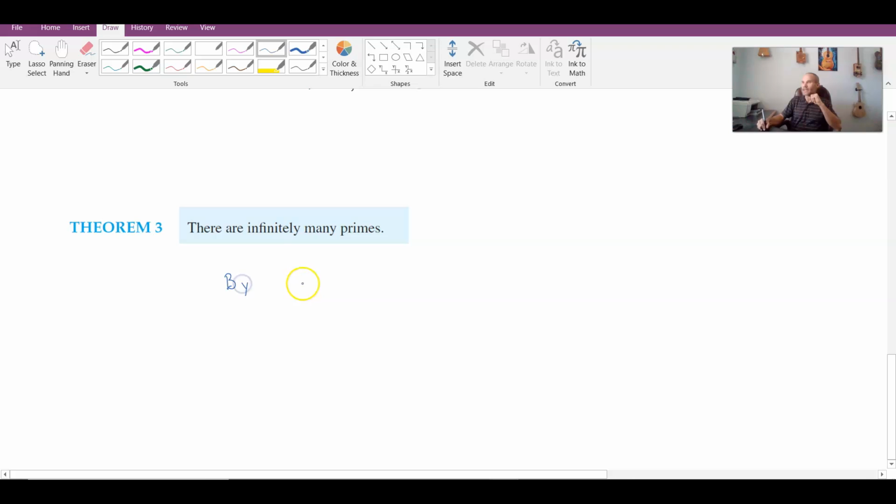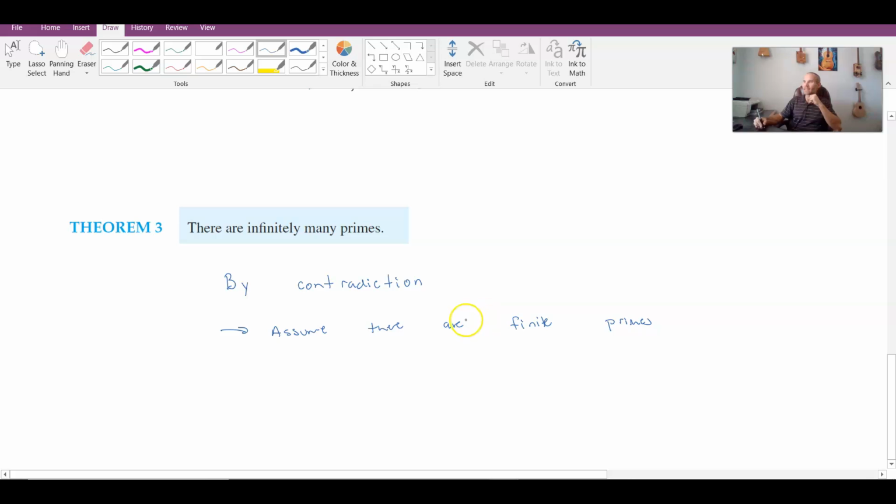And this is not a technique that maybe we've looked at yet, but we can basically assume that there are finite primes, or there's a finite number of primes.